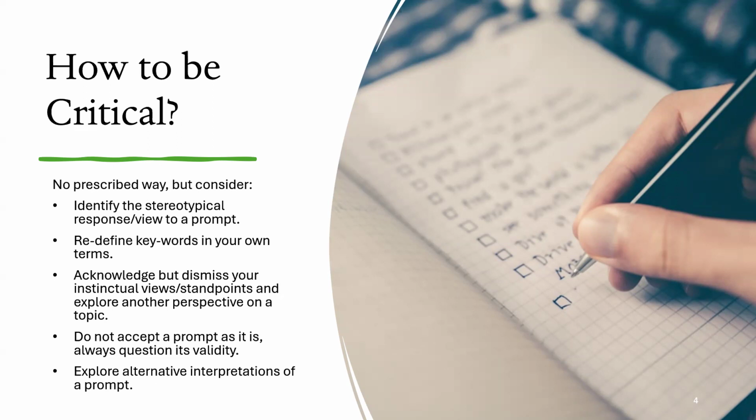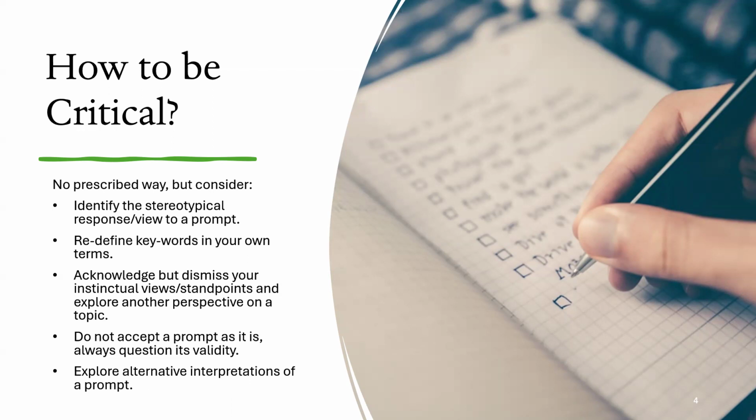So it's important to consider what is the gut reaction, okay? And then when you have the gut reaction, what are some other interpretations of a prompt there could be? So put aside, acknowledge, but then dismiss the instinctual or the gut response or view to the topic and try and explore it from a different way, right?